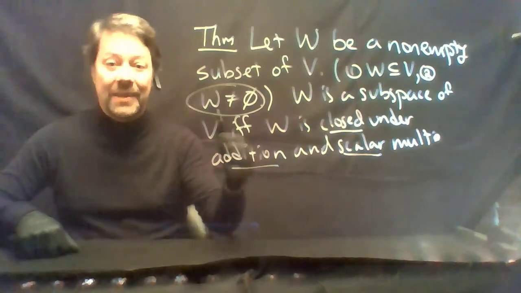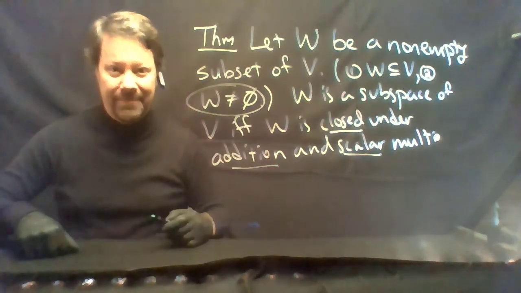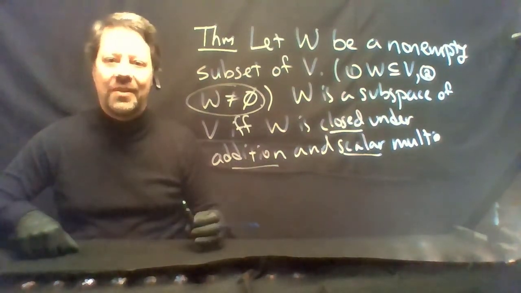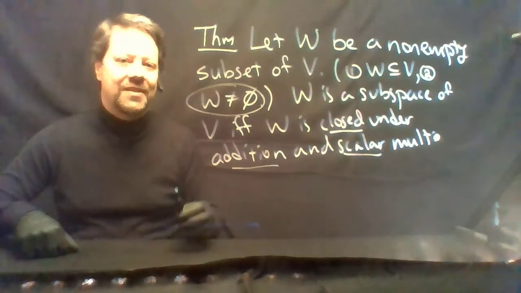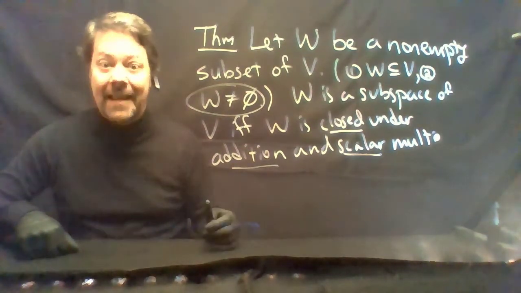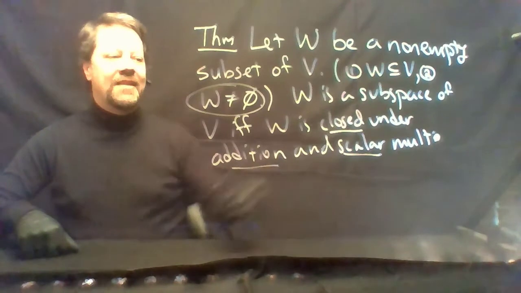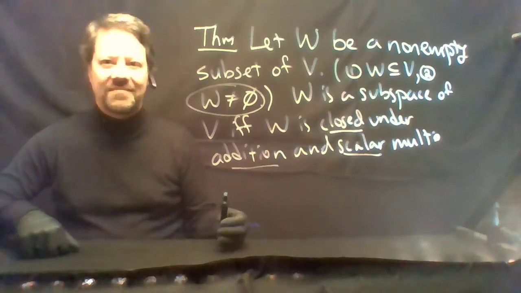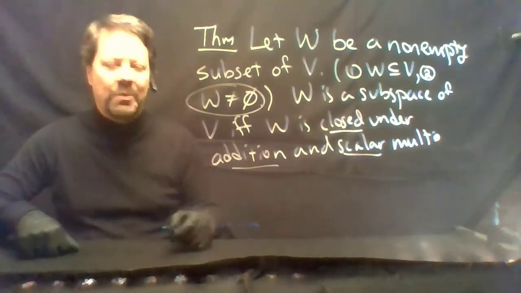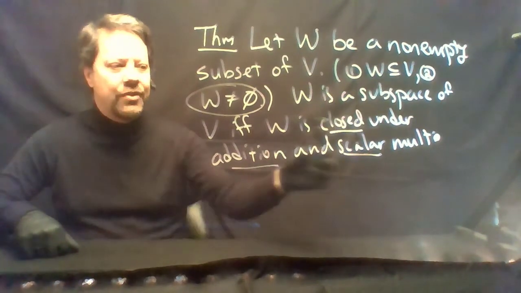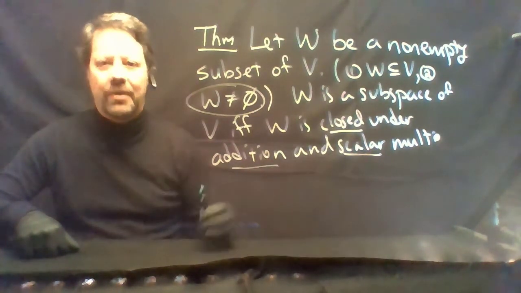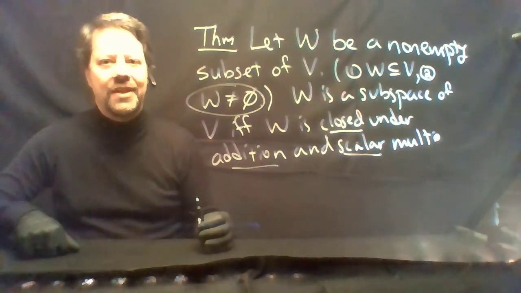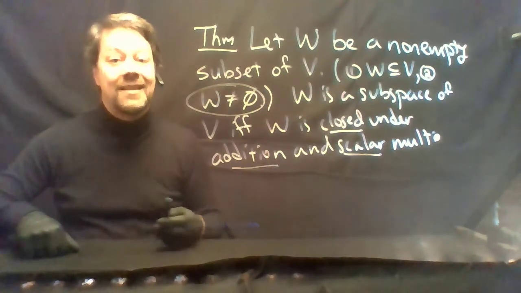That's vacuously true because there's nothing in there. If you add two nothings, you get nothing. So make sure when applying this condition that you don't just check the closure laws. You also have to check that what you're dealing with is not empty.